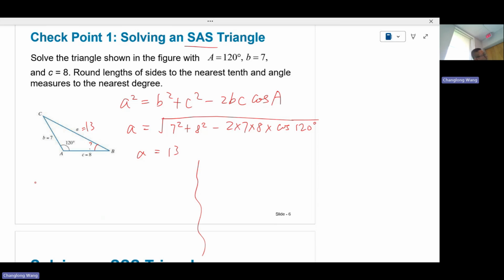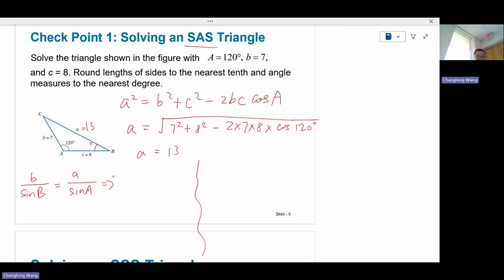You see the format: it's going to be the side opposite, so little b over sine B equals, now I know the angle A, so the opposite of angle A, which is little a over sine A. Then you plug in whatever you know.